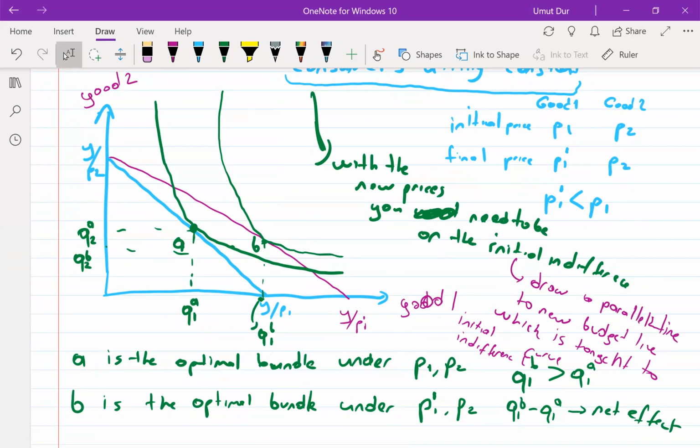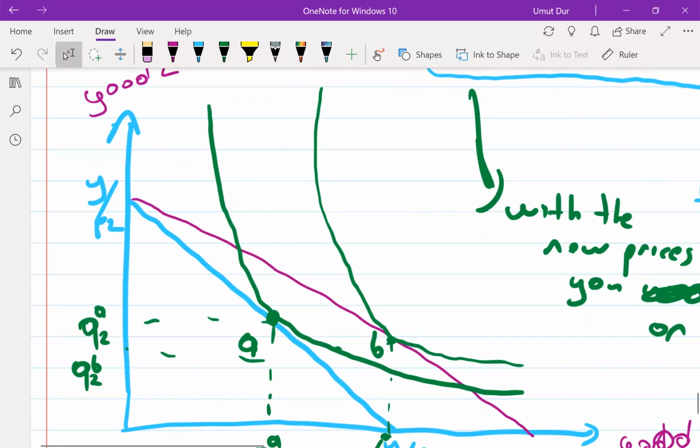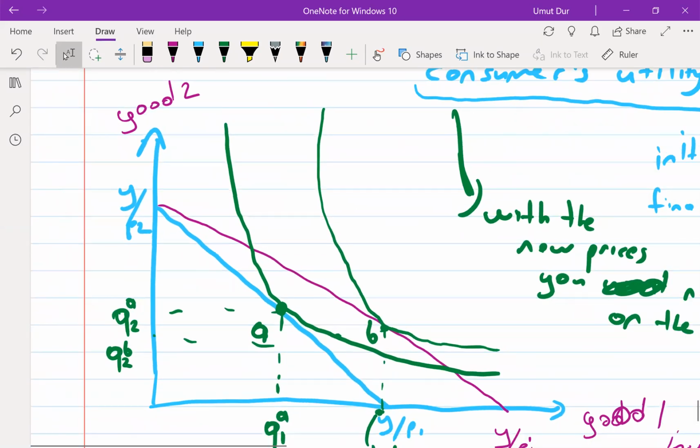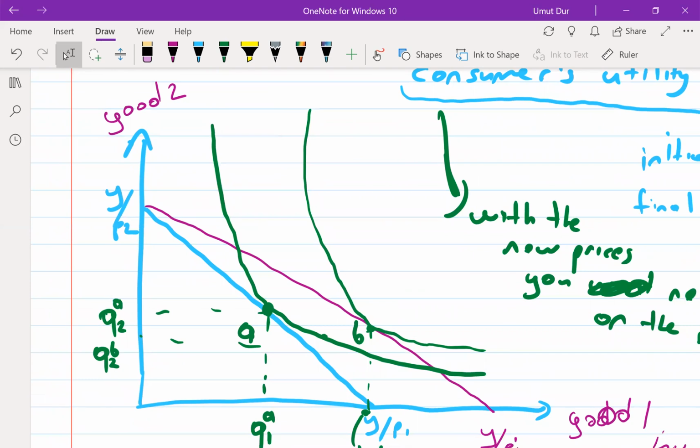Let's draw that. Okay, so let me make the figure bigger here. So I would like to draw a parallel line, and this is my initial indifference curve.